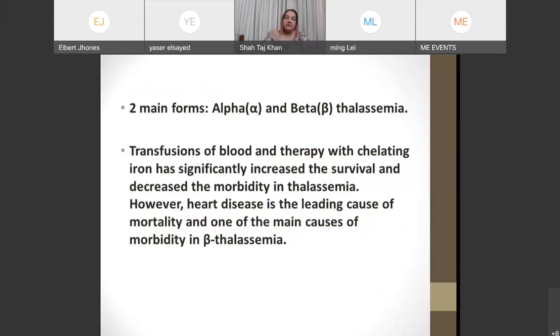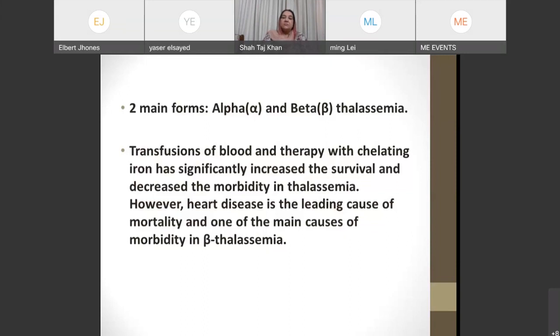Alpha is not that complicated because they are not transfusion dependent, but in beta thalassemia patients, there is a variety of it. One is the transfusion dependent beta thalassemia, and a minor amount is non-transfusion dependent beta thalassemia. But both of them have cardiac complications, even the non-transfusion dependent thalassemias.